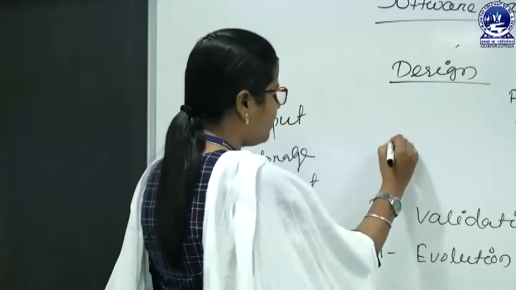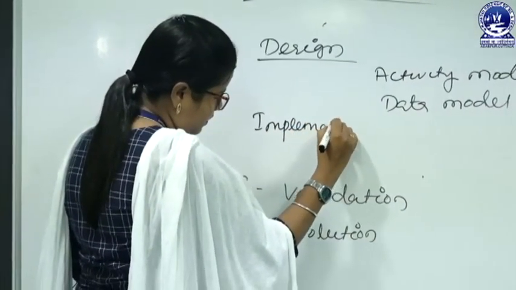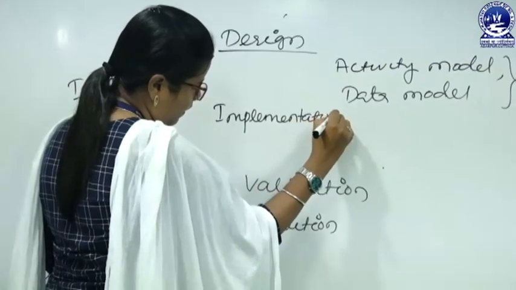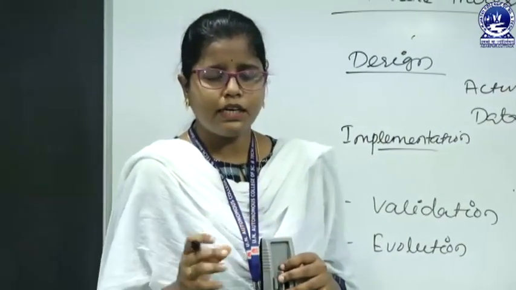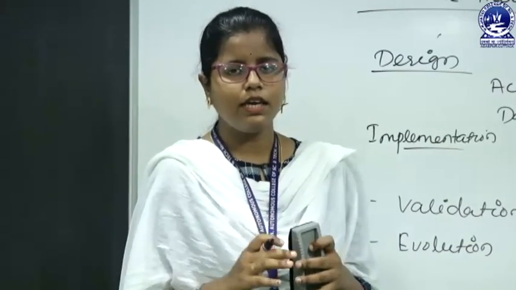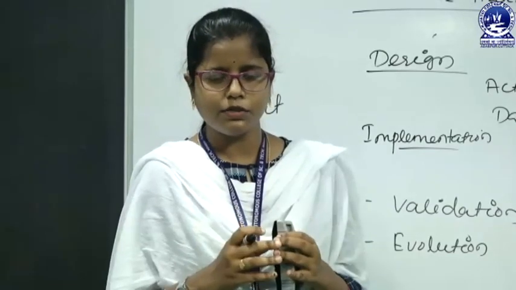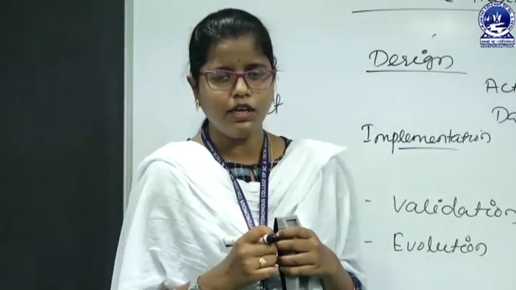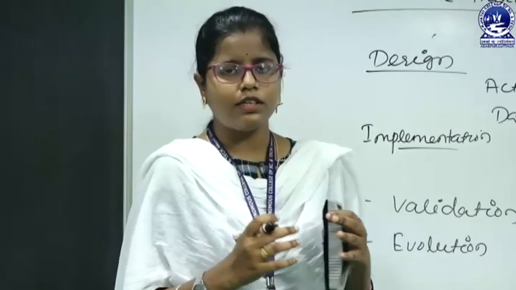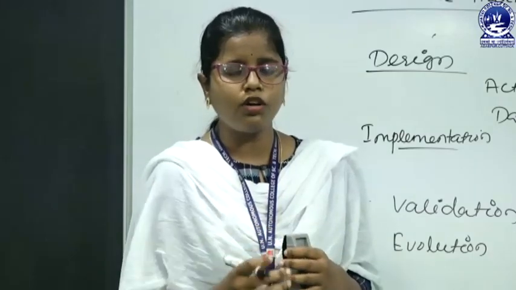Next, we come to implementation. Implementation means implementing the system. That means here we are going to code the system. We have our activity model, our system model, and our data model. Then, by looking at the data model or the system architecture, we are going to code for that.